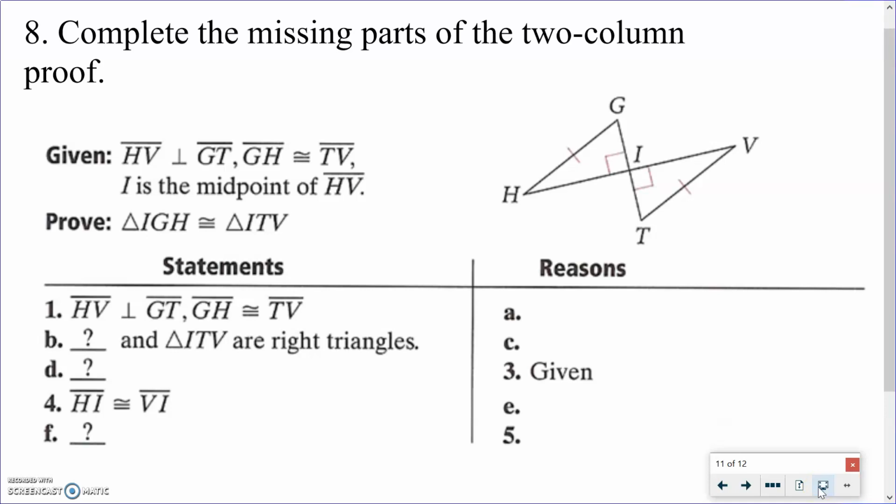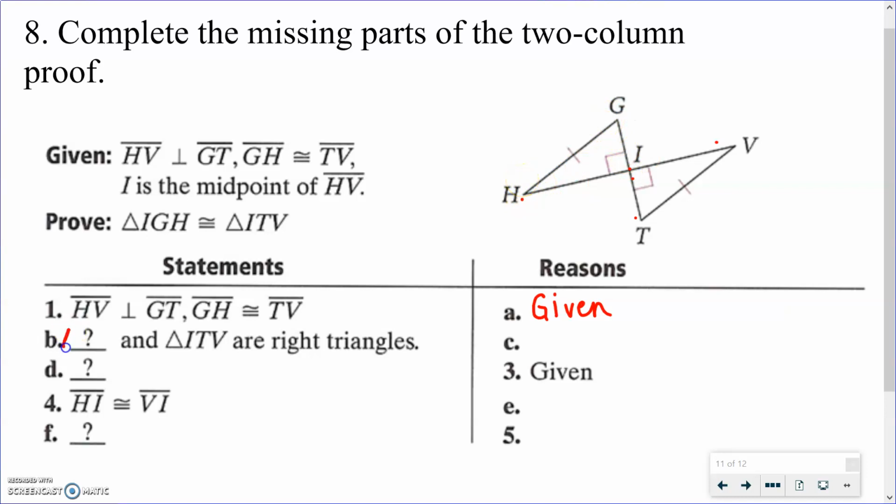So we're going to kind of fill in the blanks in this proof. So the first thing is we see that those are the givens. That's one of the givens right there. And I hate the numbering on this. It's so weird. So we know that those are given. Okay? And then we know that triangle ITV, so this one here is a right triangle, and this other one, IGH.